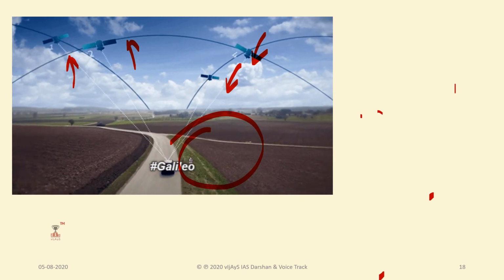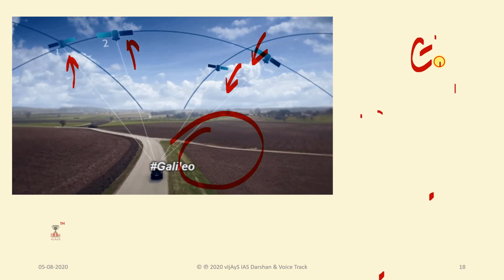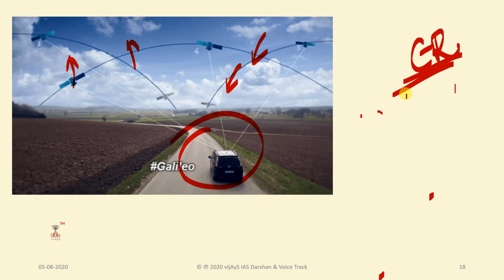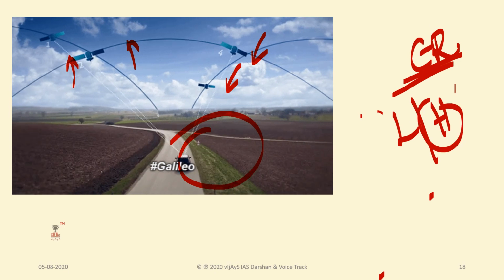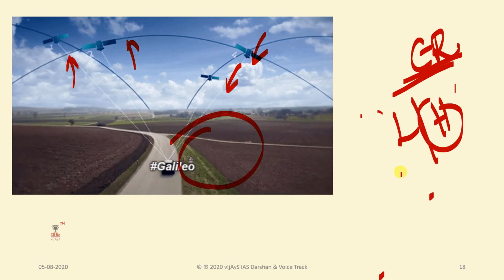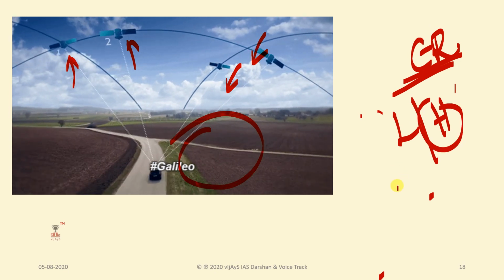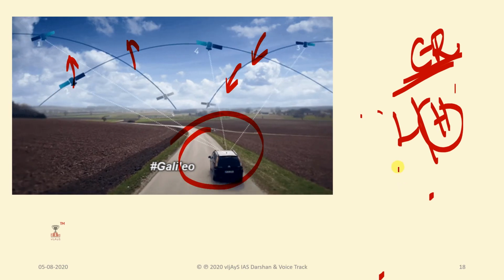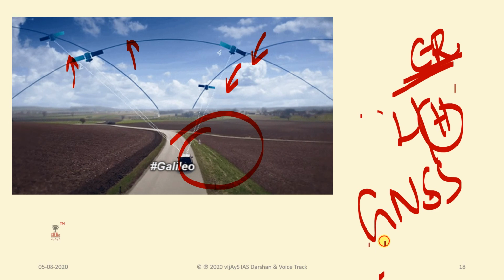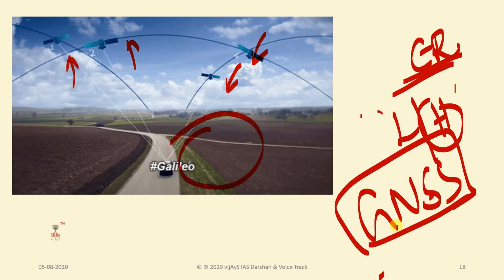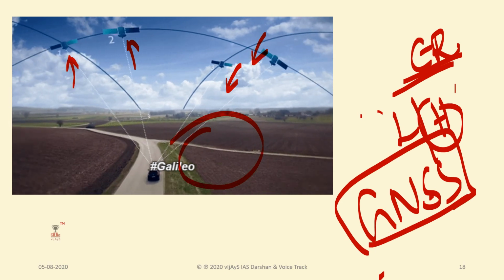It will also allow small electronic receivers to determine their location with very high precision. This navigation system with global coverage may be termed a global navigation satellite system, GNSS. This system is otherwise called the Global Navigation Satellite System.